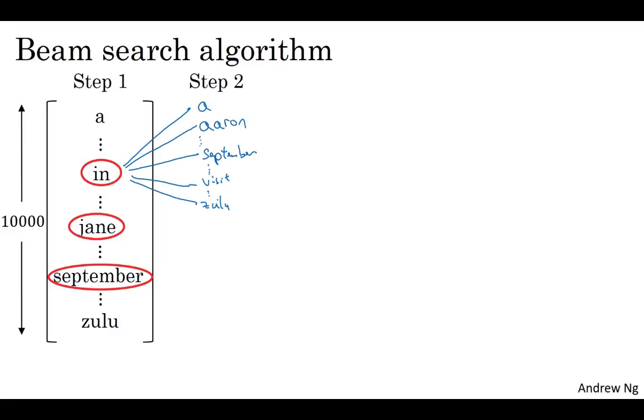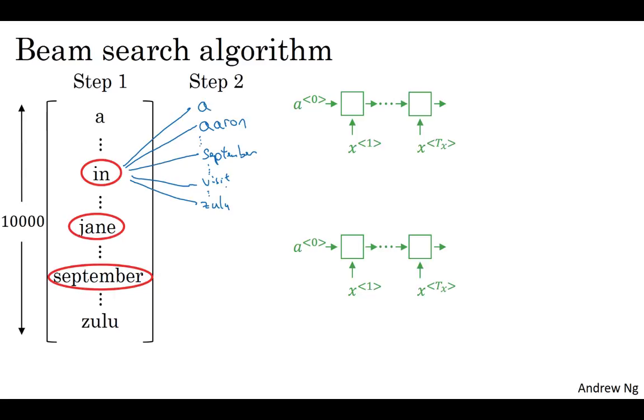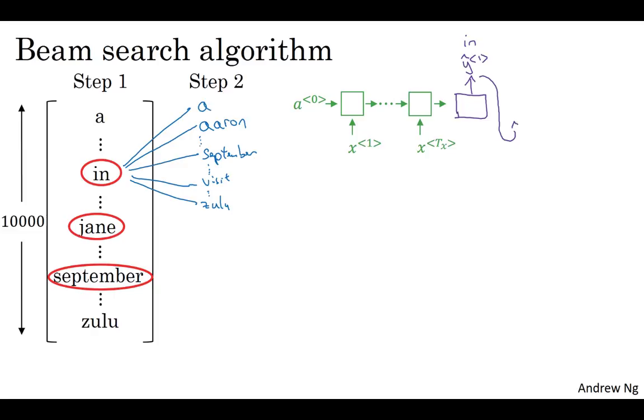So to evaluate the probability of the second word, it will use this neural network fragment where there's the encoder in green. And for the decoder portion, when trying to decide what comes after in, remember the decoder first outputs y hat 1. So we're going to set this y hat 1 to the word in and feed this back in. So this is the word in, because we decided for now that the first word was in, what is the second word?